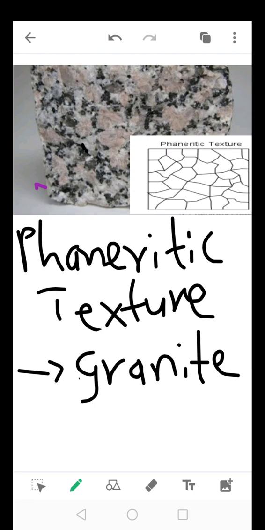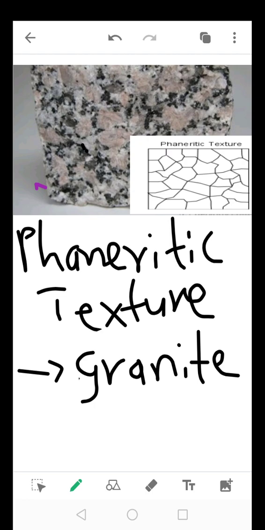So, in a nutshell, a phaneritic texture is a type of texture that requires no microscope to be seen. That is to say, the kind of texture wherein the crystals can be seen with our naked eyes.